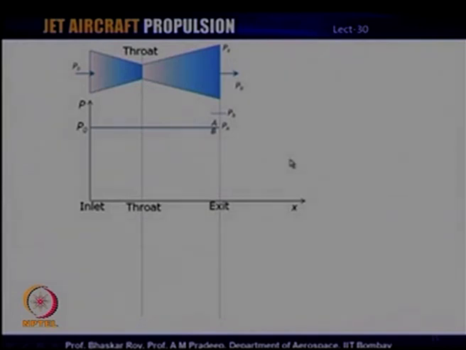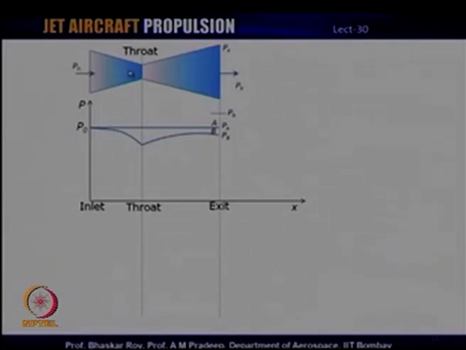So, let us now look at how the flow would vary as we keep changing the back pressure. Initially, when P a is equal to P b, which is equal to the stagnation pressure, there is no flow taking place. Now, as we decrease the back pressure, we have now a new pressure, which is P b, which is less than P naught, but it is still greater than the critical pressure.